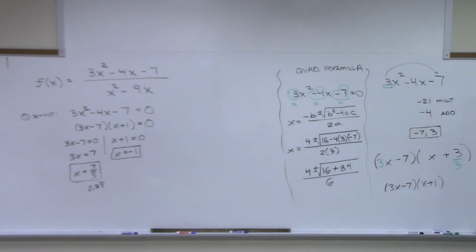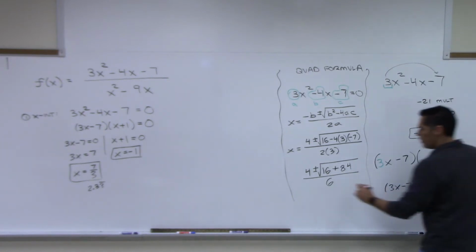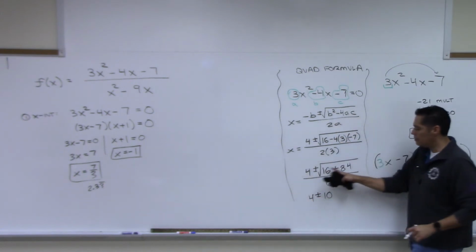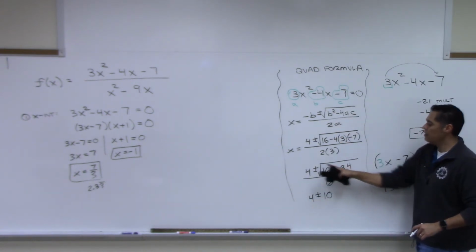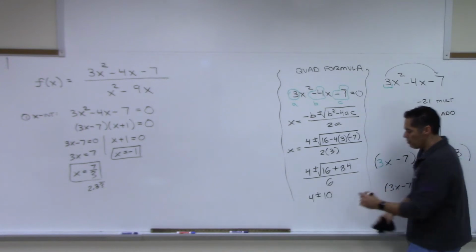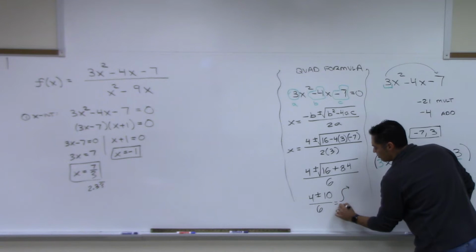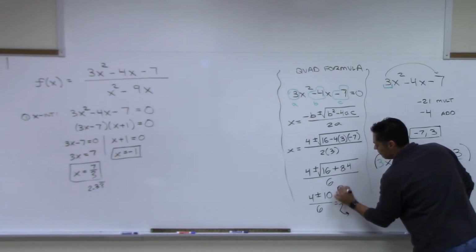Hey, isn't that 100 underneath there? 16 and 84? What's the square root of 100? 10. So this would become 4 plus or minus 10. So I realize that that's 100. Square root of 100 is 10, so no more square root, over 6. And now I have 2 answers. I have to take the plus and the minus.